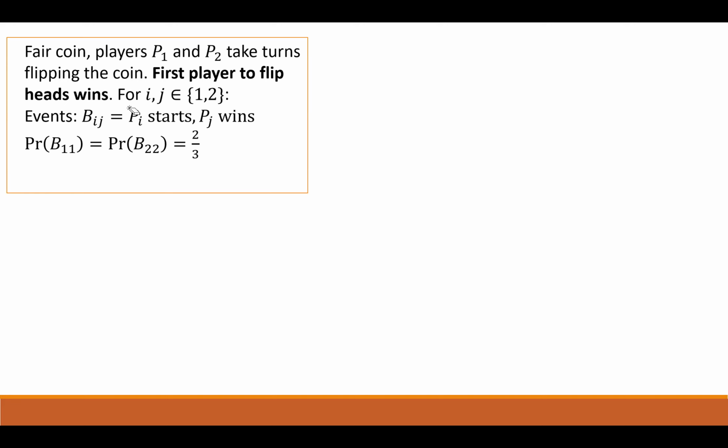And it could be that i and j are the same. For instance, the event B11 is that player 1 starts the game and player 1 wins the game. And B22 is that player 2 starts the game and player 2 wins the game, right? And these both have probability 2/3 because in the previous section, we proved that whoever starts the game has probability 2/3 of winning the game, okay?